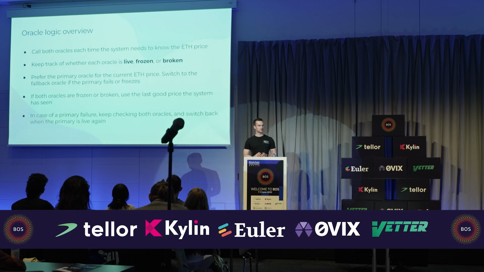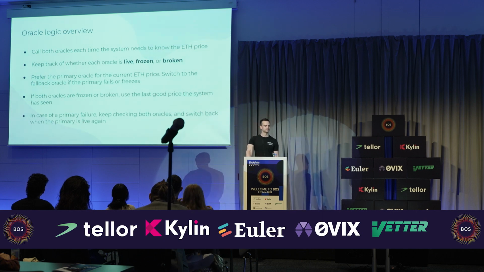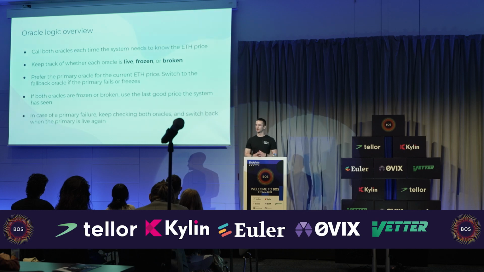If both oracles are frozen or broken, or untrusted from some previous breakage, we use the last good price the system has seen. And if the primary does fail, the system will do its best to transfer back to using the primary when it's confident that the primary is really live and providing honest data again.